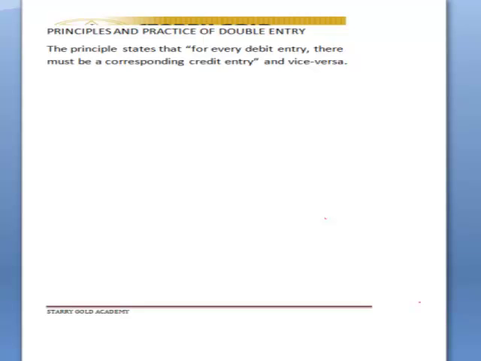It is pertinent to note that this principle is propounded and recorded in favor of an Italian mathematician known as Luca Paciolo, which he did in the year 1494.